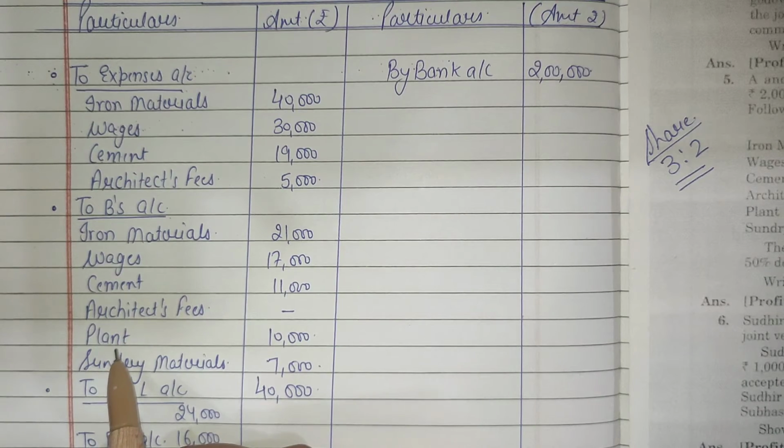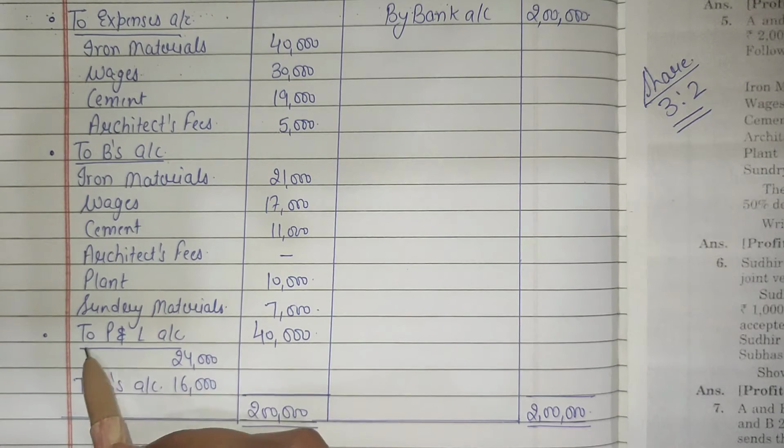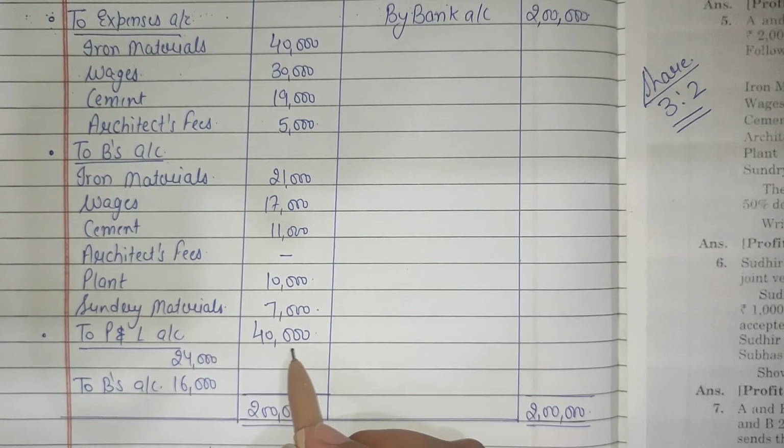The plant's amount, so we have mentioned here, is 10,000 rupees. Now the profit that we have received after deducting all the expenses from this amount is 40,000 rupees.